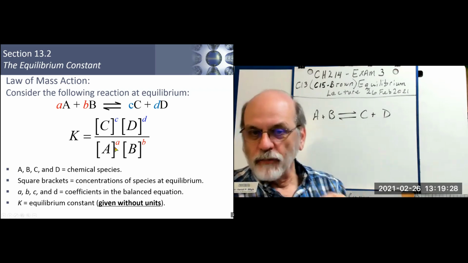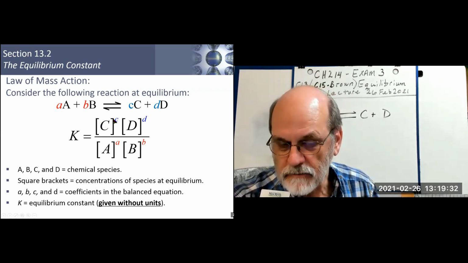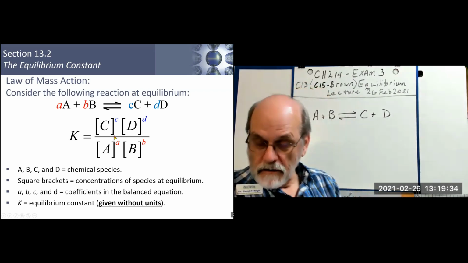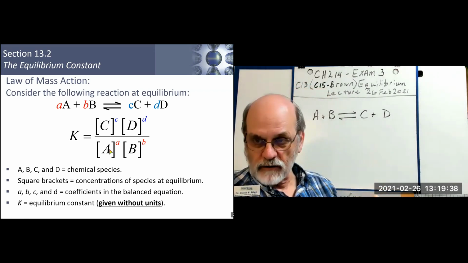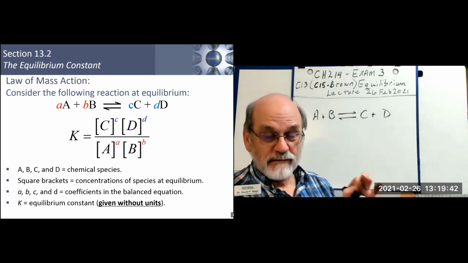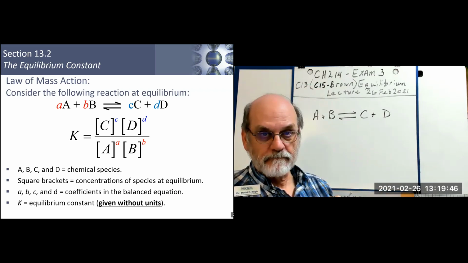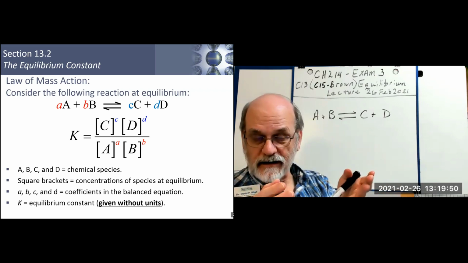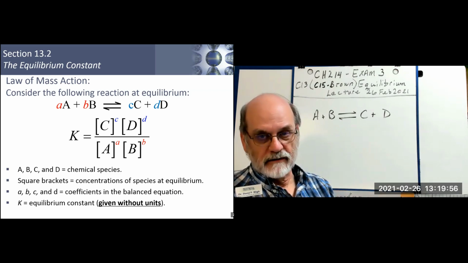Okay, I'll point out one other thing. Notice that we have square brackets here around the concentration values for each of the products and the reactants. By convention, those square brackets mean equilibrium concentration. If you use parentheses instead, then you're implying that the reaction mixture is no longer at equilibrium.